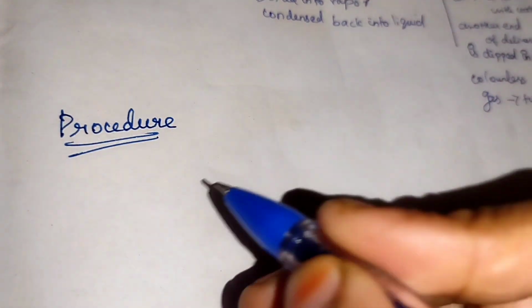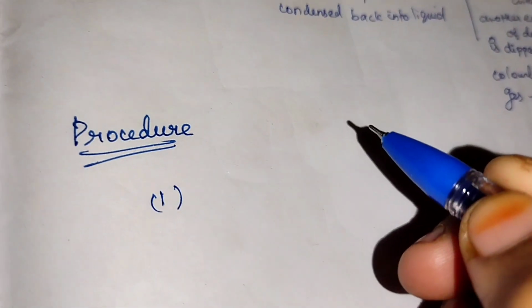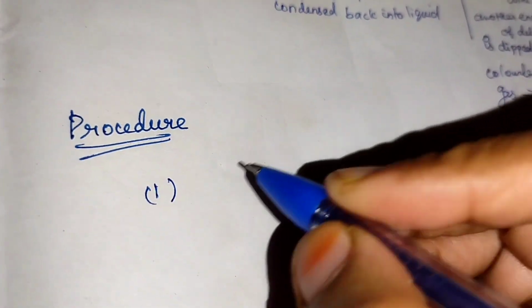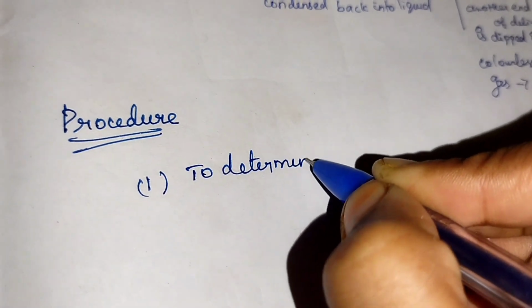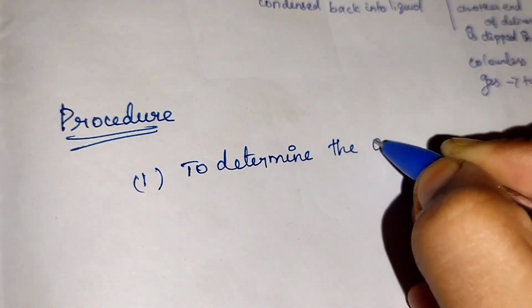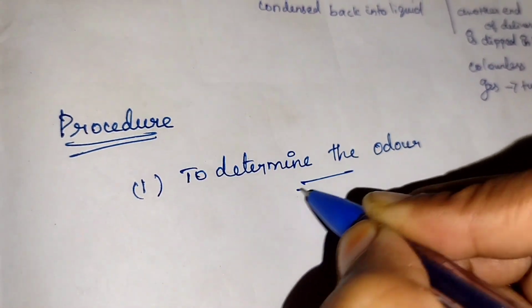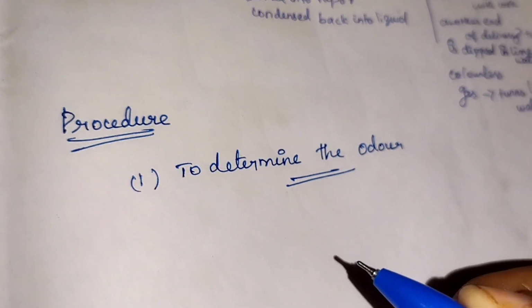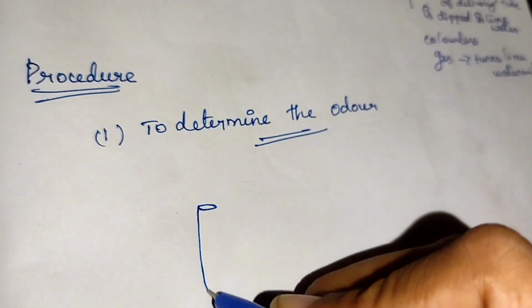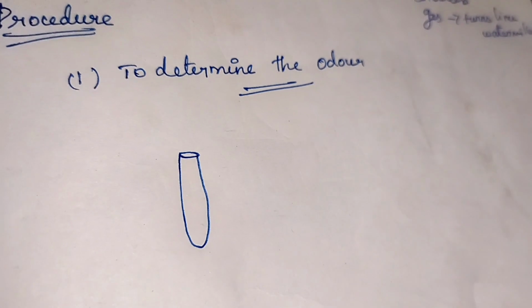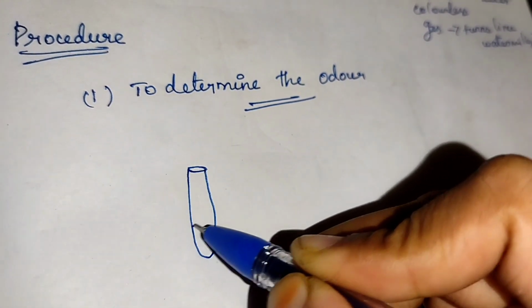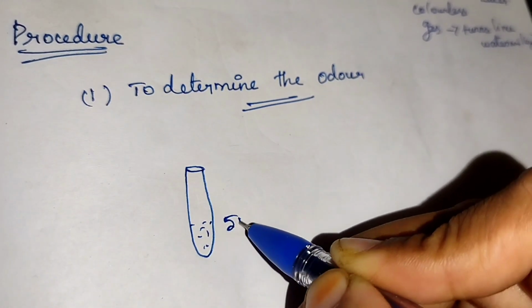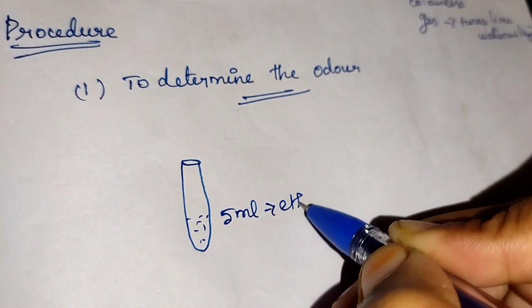Procedure. The first test is to determine the odor of this ethanoic acid. For that, first I am taking one 10 ml test tube, and in that test tube I put 5 ml of ethanoic acid.